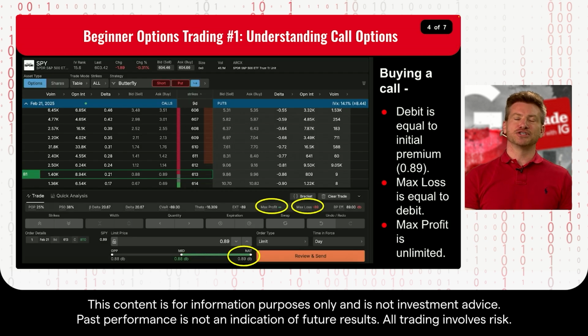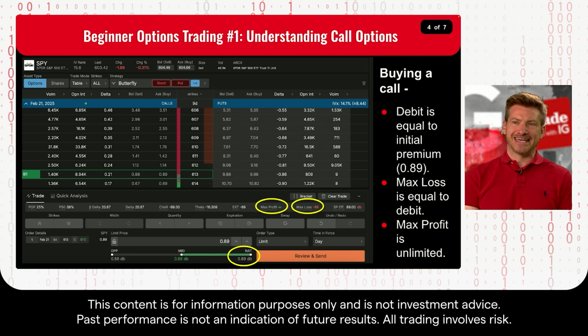Now, here is your first look at the platform. Those important 3 circles there are where you find, when you get the deal ticket up, the maximum profit, the maximum loss, and the price of the option as well. So the debit is the one at the bottom, right? That is the price you're paying for the option.